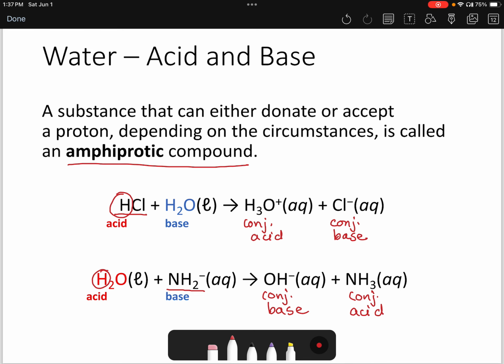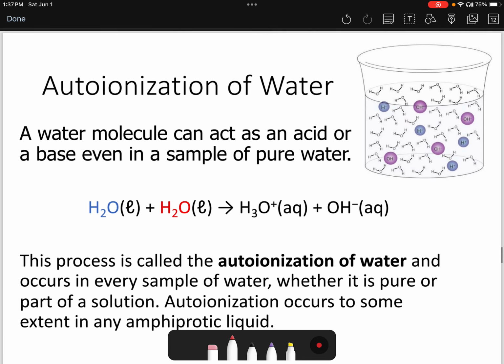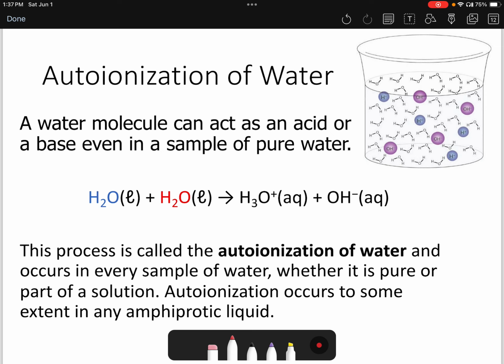Now, what's also interesting is water can react with itself. So since water can act as an acid or a base, we could have a situation where one water molecule is acting as a base and the other water molecule is acting as an acid.